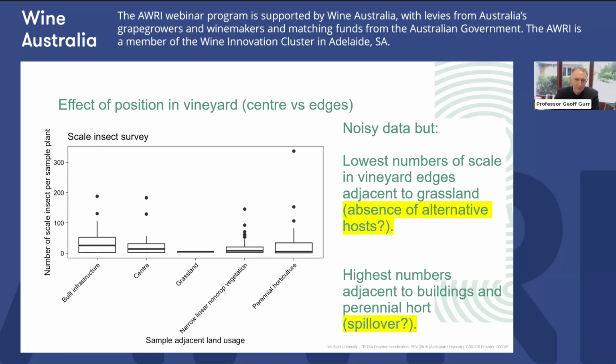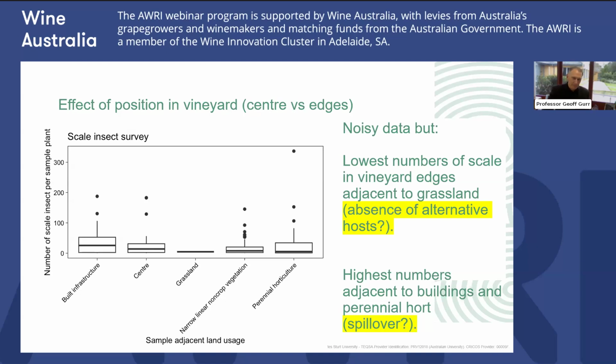But what we can draw from this, I think, is that we had the lowest numbers of scale insects in vineyard edges that were adjacent to grassland. I'm referring to this mean value here. And I think what this is suggesting is that the absence of alternative hosts meant that there was very limited opportunities for scale insects to spill over into the adjacent edge of the vineyard.